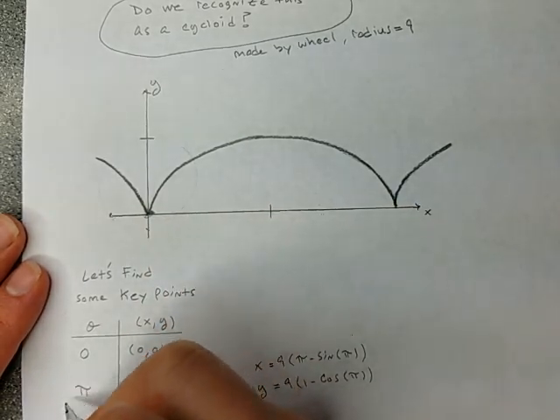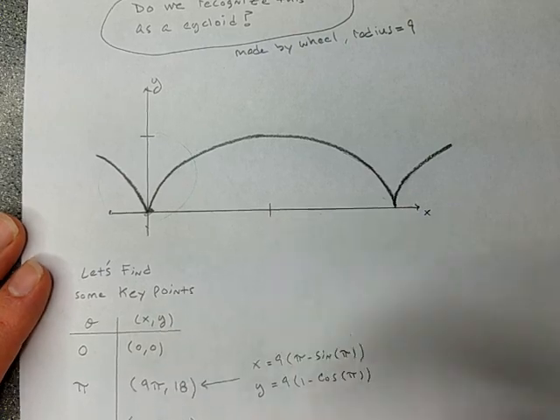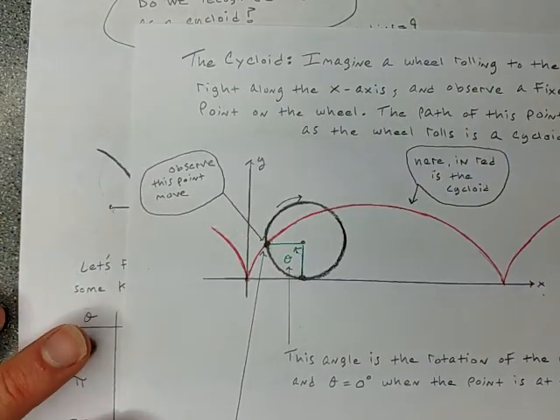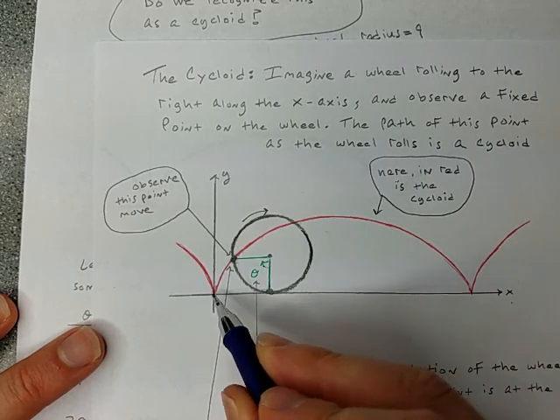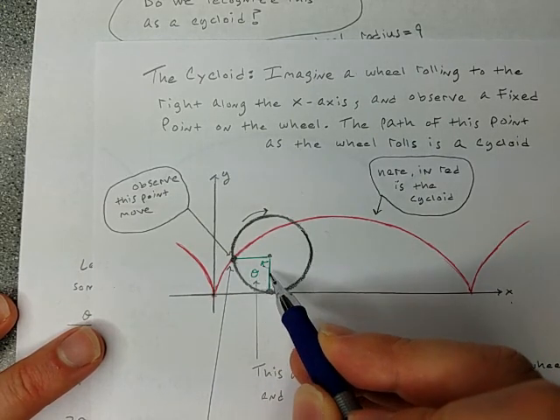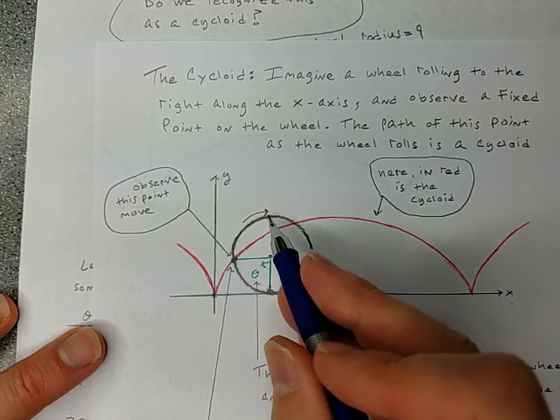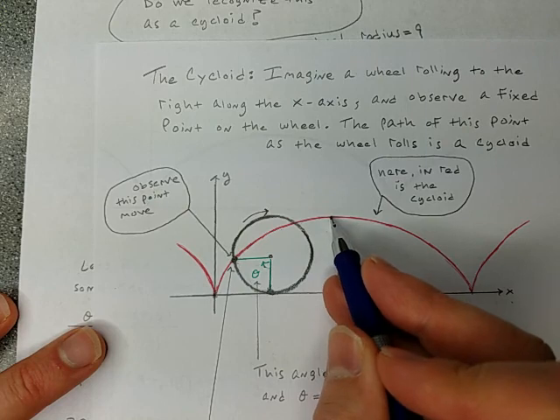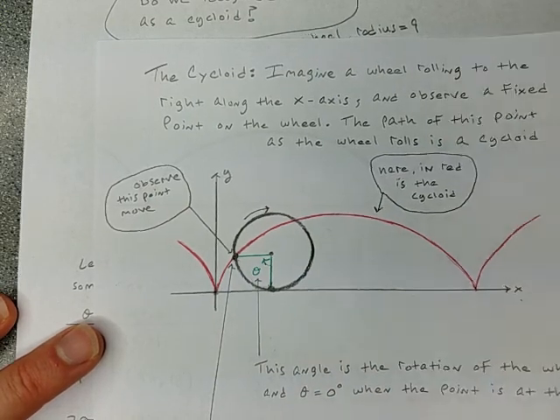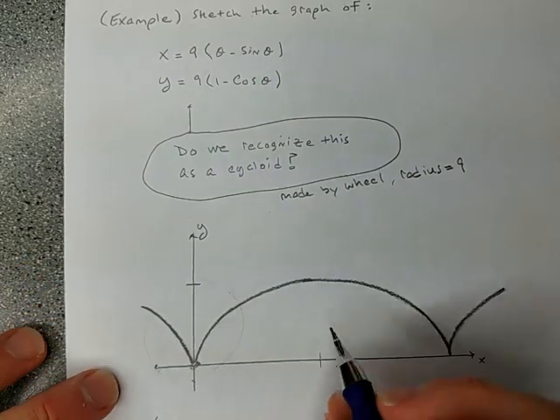And then pi, well, that's the wheel rolling 180 degrees, okay? What's that mean? Can you imagine this wheel right here? But it's rolled such that that angle has opened up 180 degrees. Well, that point that was at the bottom right here would now be at the top. That would be right there, okay? So that would be that the point is at 9 pi and 18.